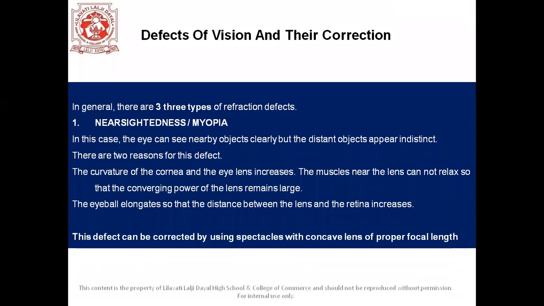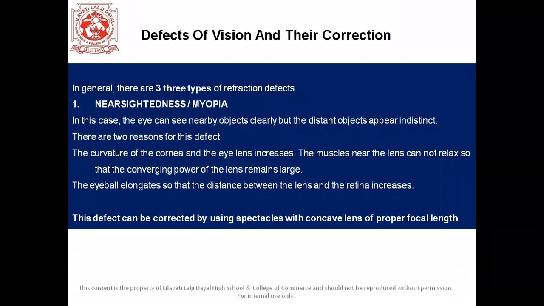Let's move on to the next topic, students, that is defects of vision and their correction. In general, there are three types of refraction defects. The first one is nearsightedness, which is also termed myopia.